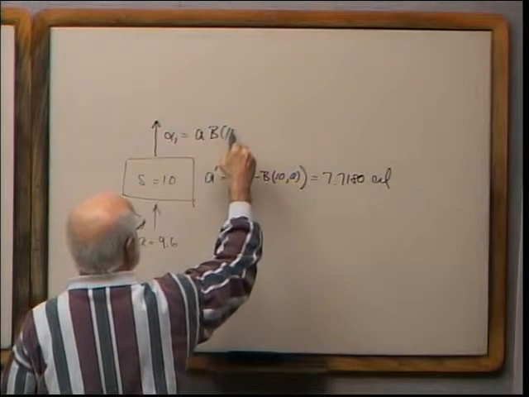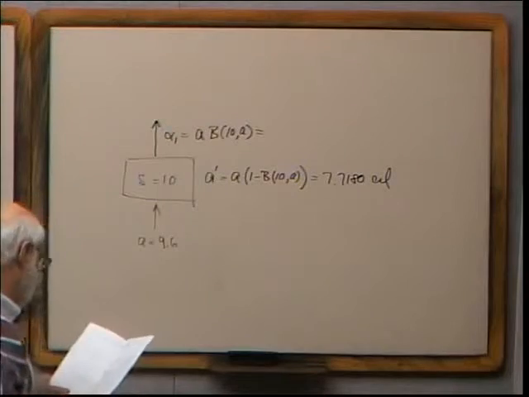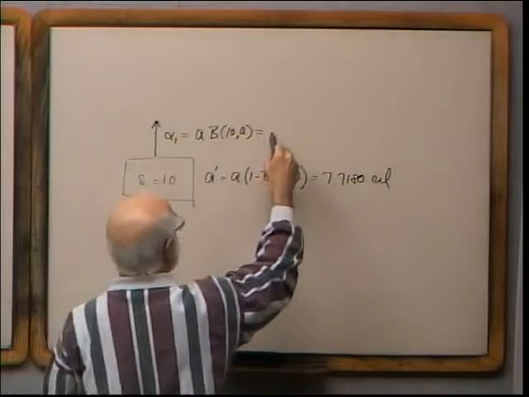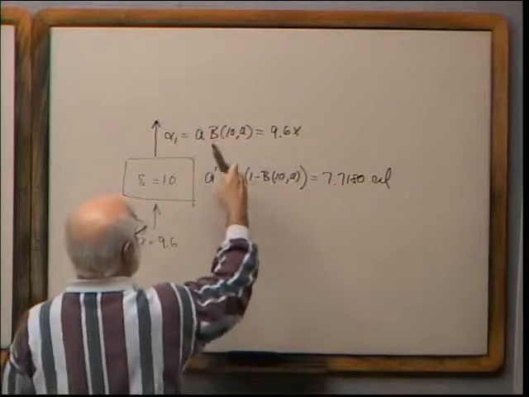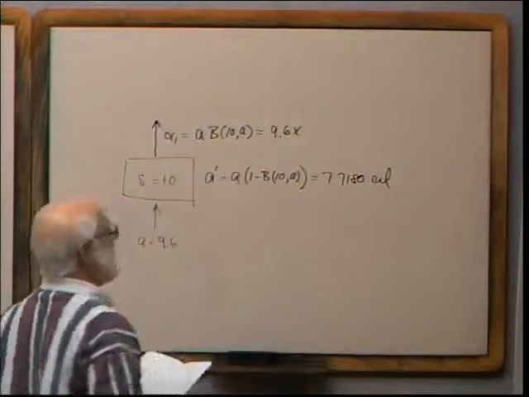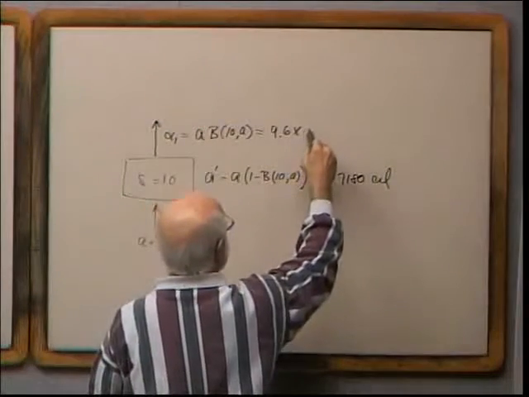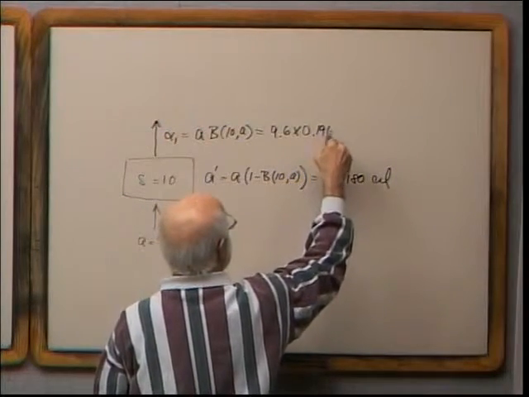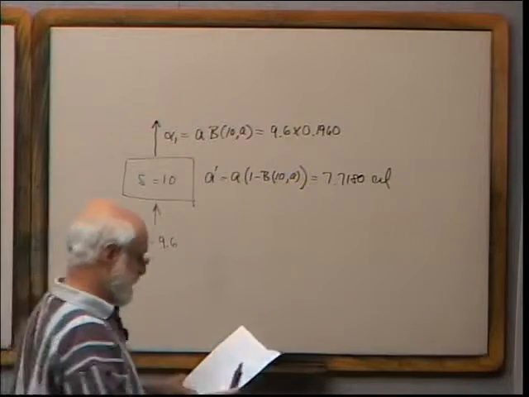A, of course, is 9.6. So this is going to turn out to be 9.6 times the Erlang B for 9.6 Erlangs offered to 10 servers. We already know what that is. That Erlang B is 0.1960. You had to calculate that in homework 1. And that turns out to be equal to 1.8816.